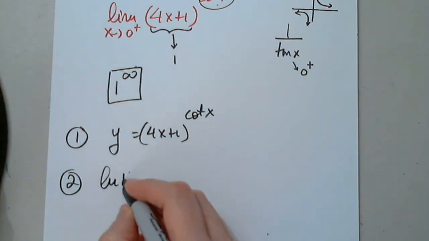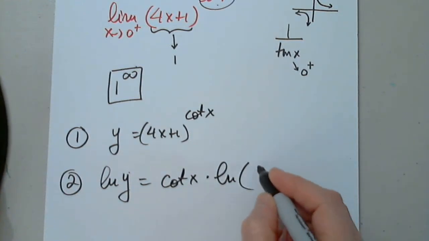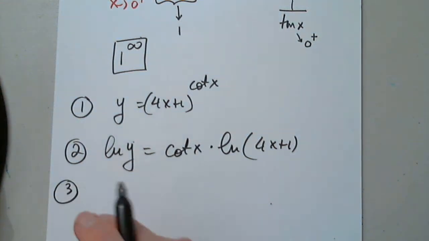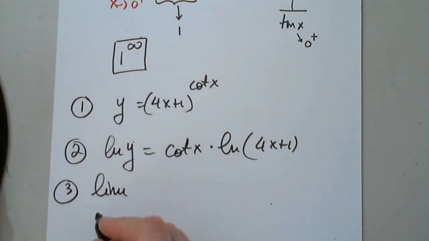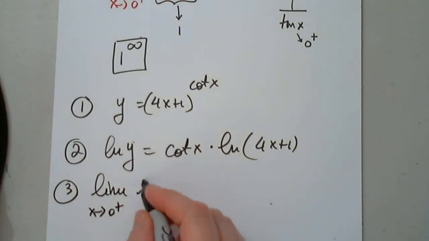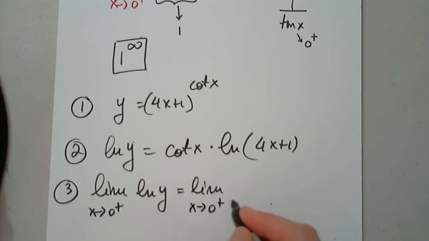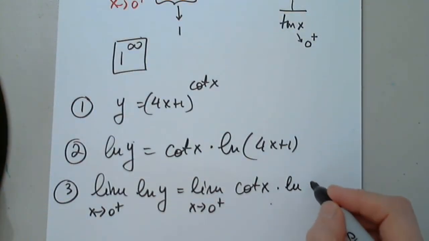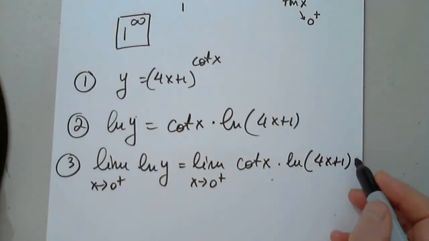Log on both sides. Very good. What do we do in step 3? Apply limit to both sides. Yes, as x approaches 0 from the right, from natural log y, limit as x approaches 0 from the right, from cotangent x times natural log of 4x plus 1. Good.